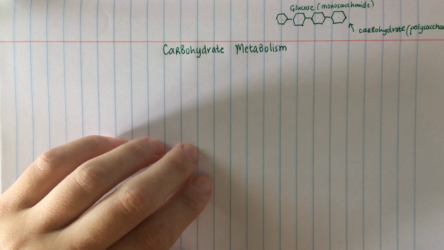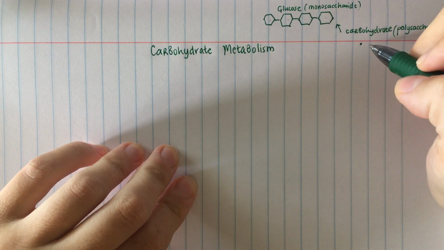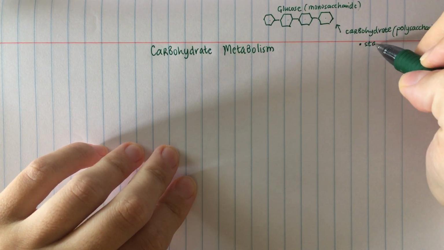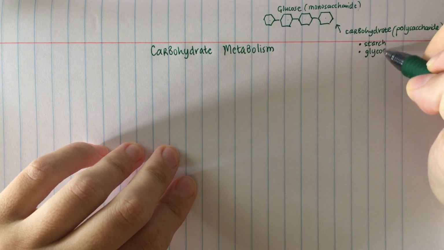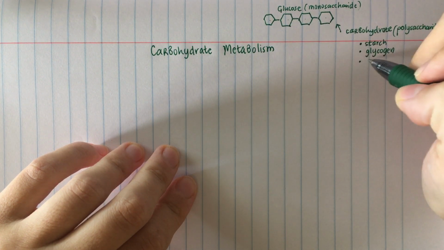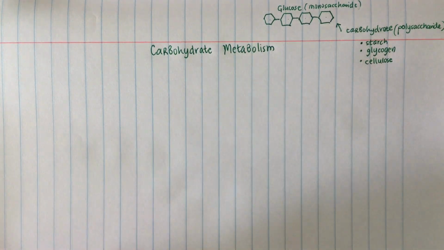And some examples of polysaccharides are carbohydrates such as starch, glycogen, and cellulose.